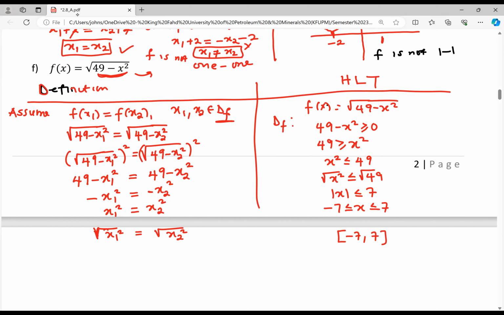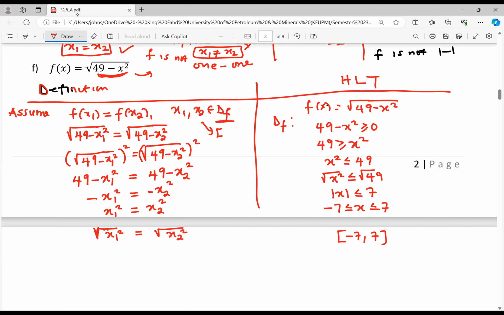So here, when we say x1 and x2 belongs to domain of f, what we're actually saying, in other words, is that x1 and x2 belongs to minus 7 and 7.